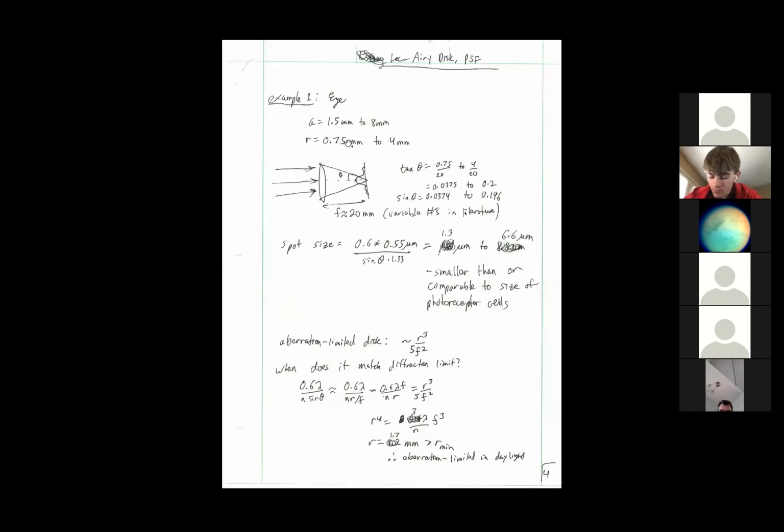And for the human eye, the smallest pupil at the brightest time of day is going to be about 0.75 millimeters in radius. So the human eye sits right on that edge. It sort of makes sense if you think about it, that the human eye would sit between those extremes.